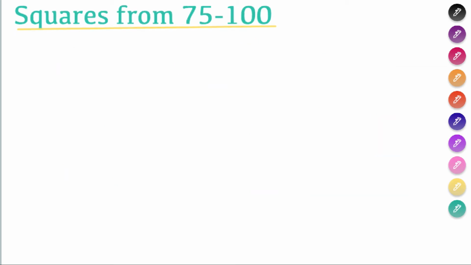In the previous video we found squares up to 75. In this video we will find squares from 75 to 100, or you can say 125 also, because we will use the same base method. Let us take an example. Suppose we have to find the square of, let us say, 81.